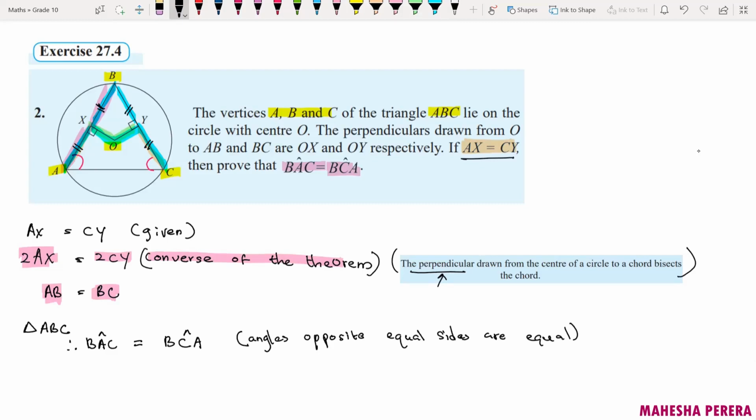So you can easily say that these two angles are equal. Therefore, angle BAC equals angle BCA because of the isosceles triangle theorem. It is actually angles opposite equal sides are equal. So these are the two equal sides.